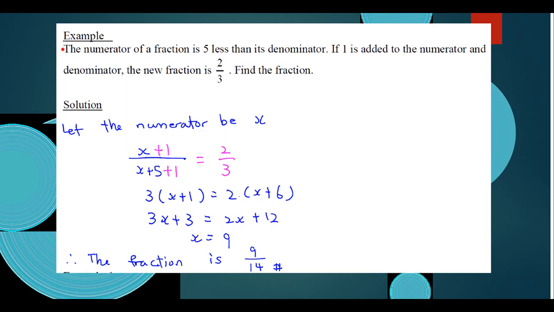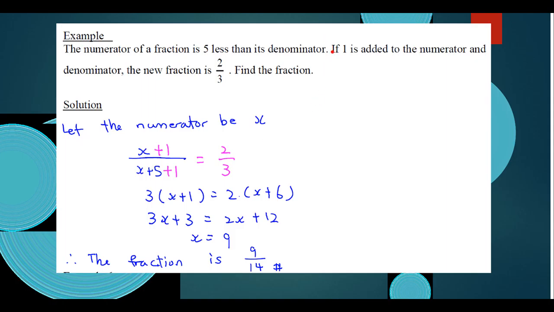Now let's read the first statement again. The numerator of a fraction is 5 less than its denominator. So in this case, I let the numerator be x. Since the numerator is 5 less than the denominator, this would mean that the denominator is 5 more than the numerator, which means that the denominator will be x plus 5.